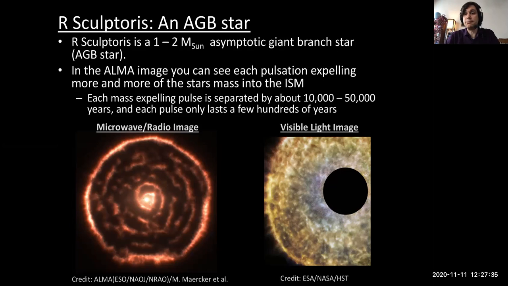And we can actually measure and see that each one of these pulses, these expelling of a new shell of material, are separated by about 10,000 to 50,000 years. And the pulse itself, based on how wide the pulse is, happens really quickly, only a few hundred years long. It also has kind of this cool spiral structure.